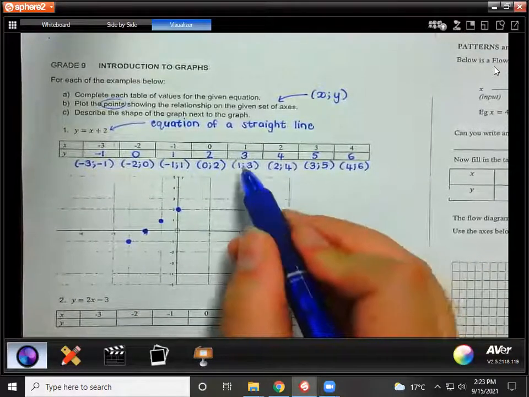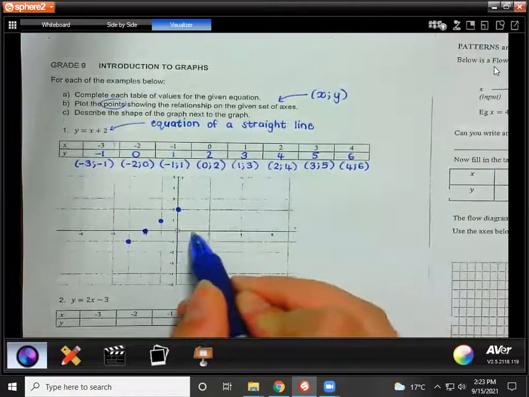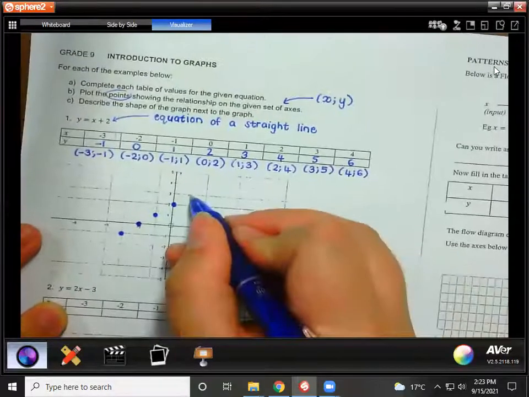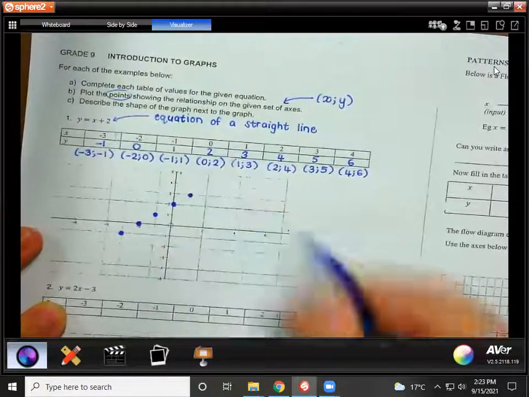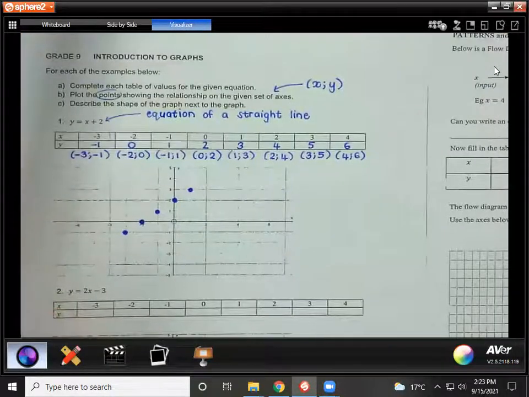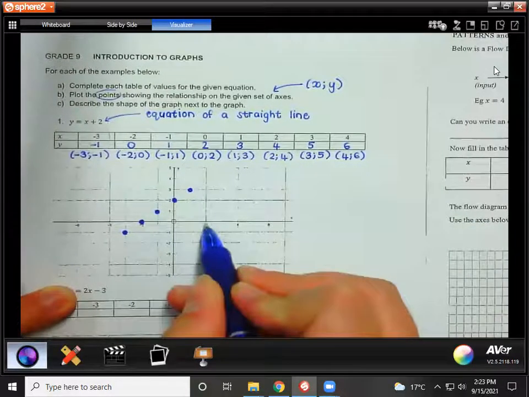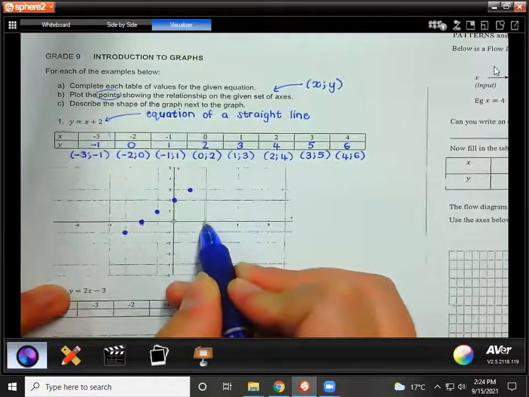The next one is 1 on the x-axis. So we go to 1 on the x-axis, then we go up to 3. So 1, 2, 3. You have to kind of guess where that is. Sorry, the grid didn't print very nicely. The next point is 2 on the x-axis and 4 on the y-axis.